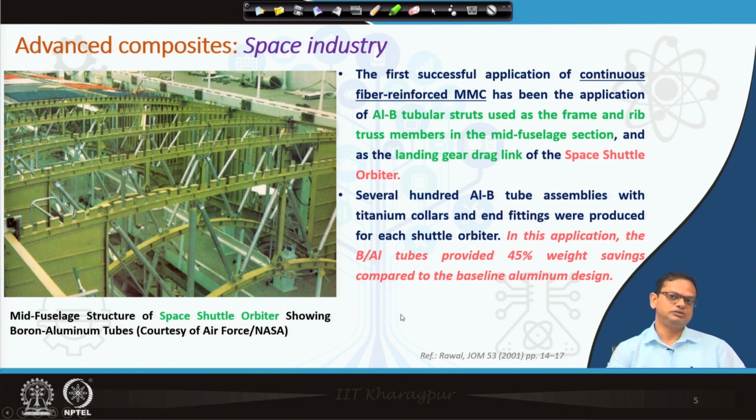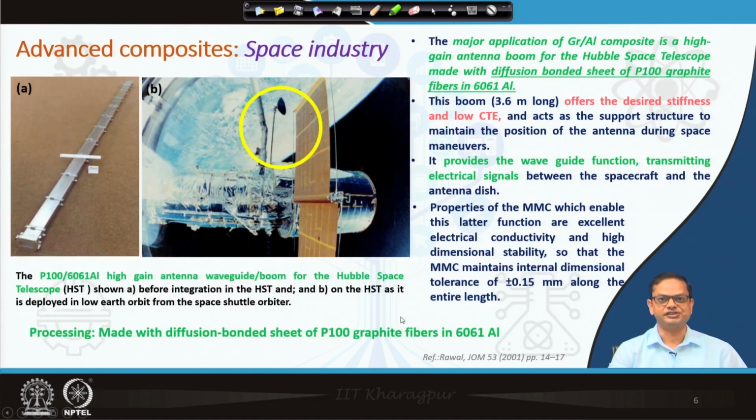Let us look into some more applications in space industry. What you are seeing in this picture is basically the Hubble telescope. We all are aware of the Hubble telescope. Now, this Hubble telescope has an antenna, which basically acts as the receiver and supplier of data.